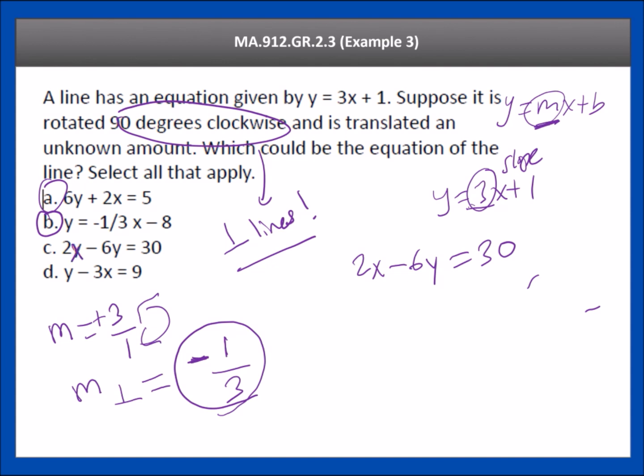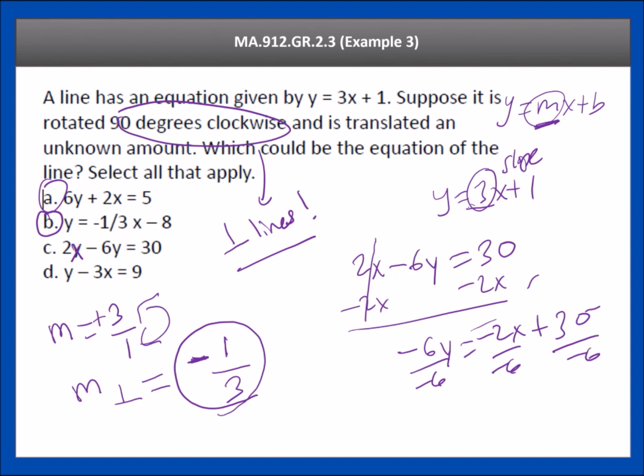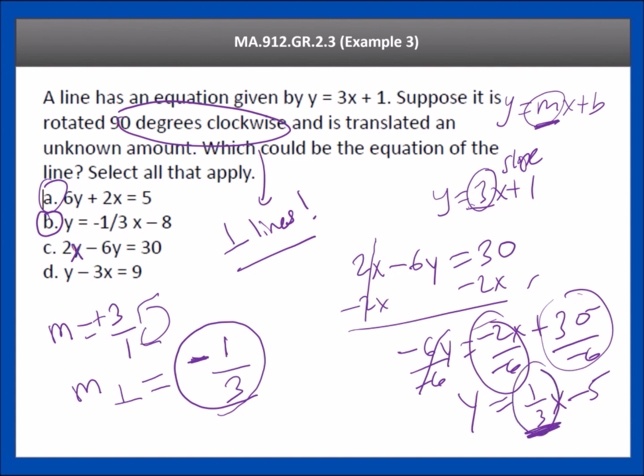So if I solve it, subtract 2x on both sides. That's negative 6y equals negative 2x plus 30. If I divide by negative 6, then this turns into positive 1/3. And 30 divided by negative 6 is negative 5. But that doesn't really matter. What matters is the 1/3. 1/3 is not a perpendicular slope. It has to be negative 1/3. So this can't be it. So it's not C.